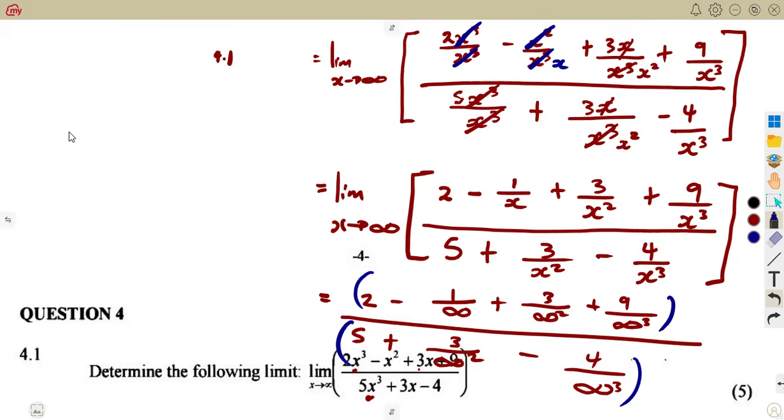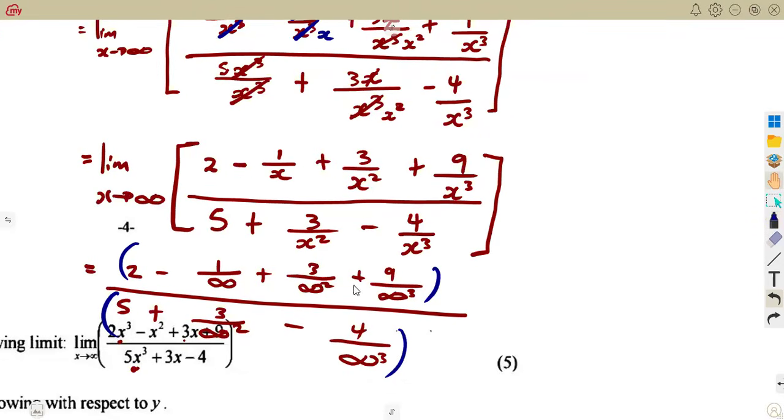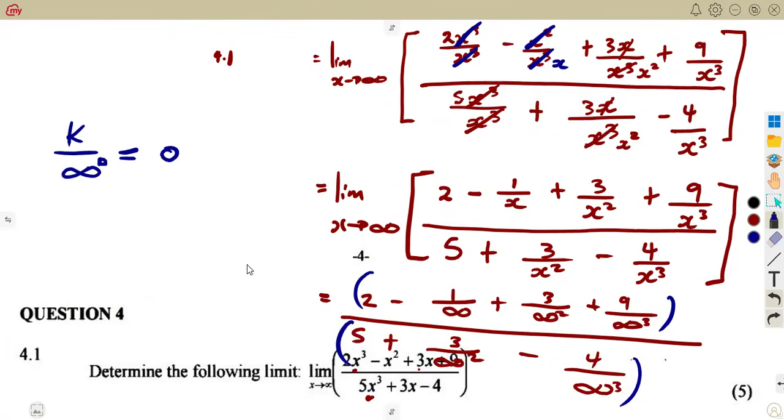So it follows that k over infinity approximates to 0. Whether it is infinity cubed here, to whatever exponent, it will give you a 0, guys. K over infinity, a number over infinity. So all these where we have a number over infinity are zeros.